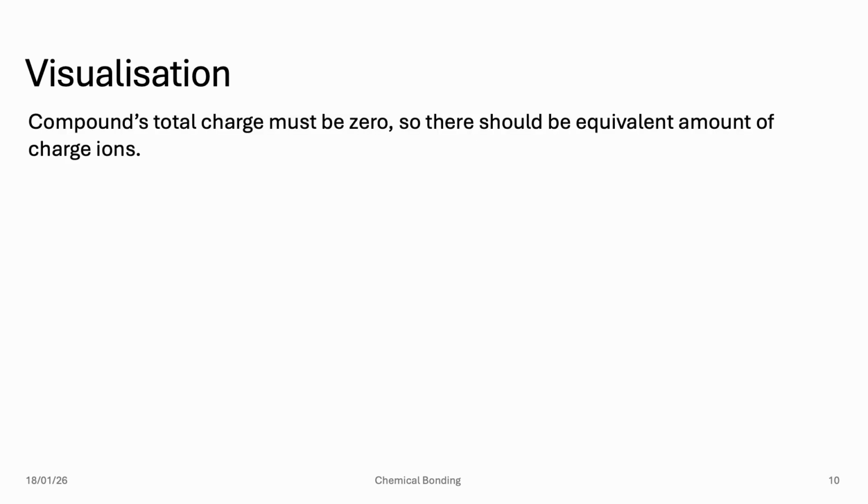As a visualization, the total or overall charge of an ionic compound must be 0. So there should be an equivalent amount of charged ions. If the charges are not the same, they will be matched with numbers. Let's say magnesium 2+. So now we have a +2 charge.